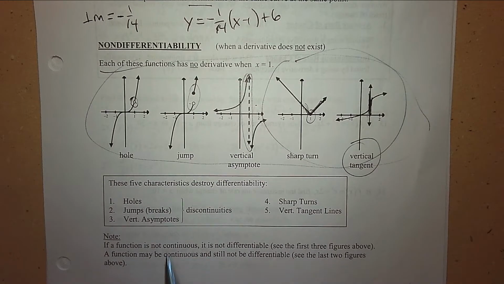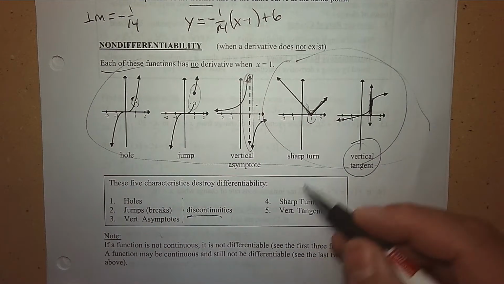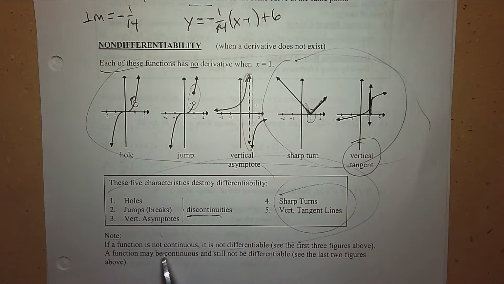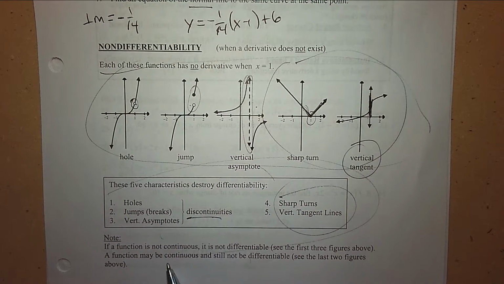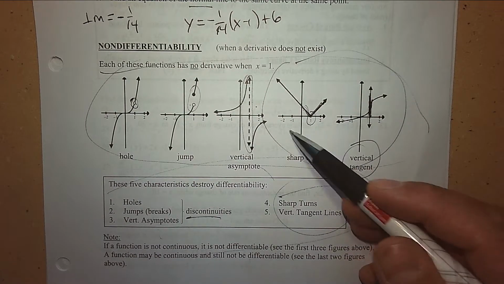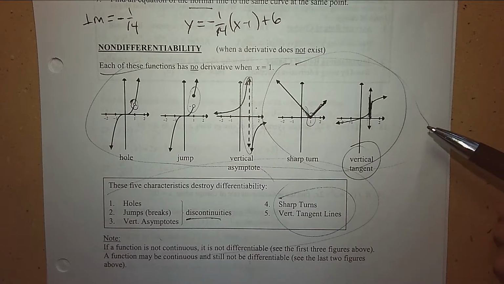So do you see that in the box here? The discontinuities compared to what's continuous. Those are the 5 situations. If a function is not continuous, it is not differentiable. A function may be continuous and still not be differentiable if it has a sharp corner or if it has a vertical tangent. Turn the page.